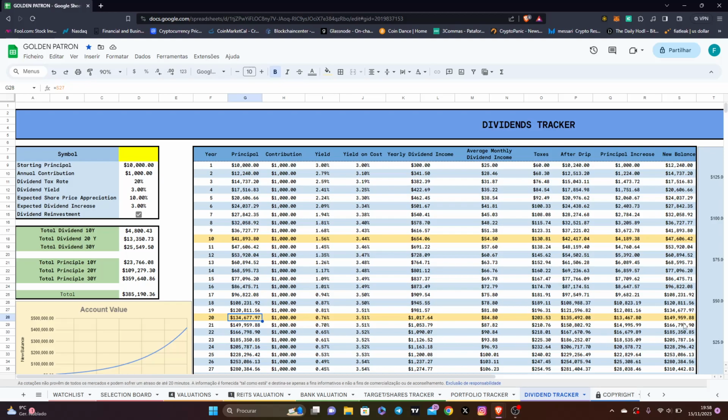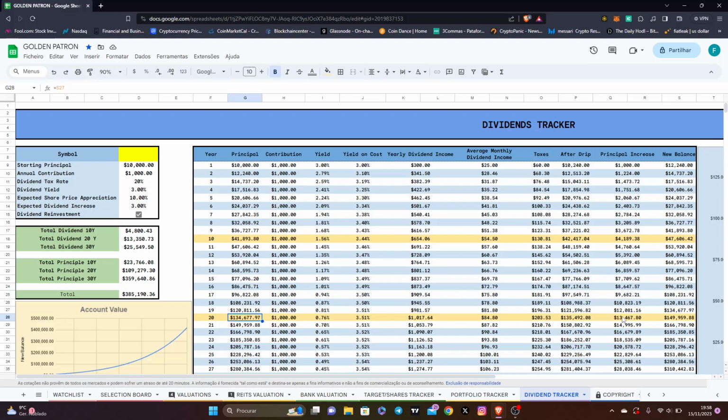As you can see, after 20 years, the $134,000 would come to $149,000. So that's a big jump. At 10 years we were going from 41 to 47, which is a $4,000 increase, and after 20 years it would be a $13,000 increase.